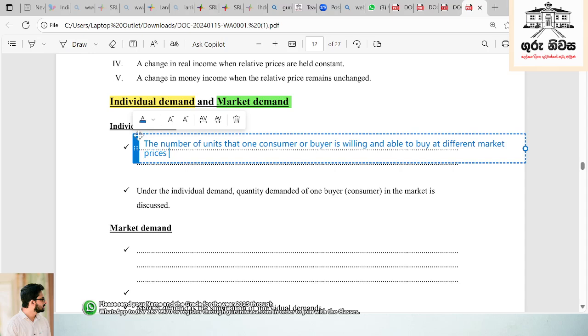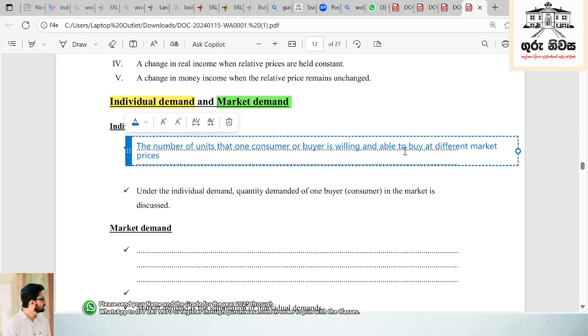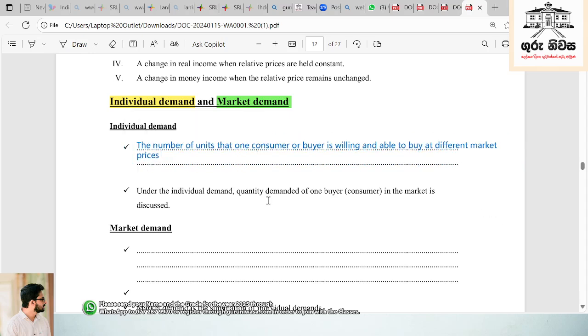The number of units that one consumer is willing and able to buy at different market prices is called individual demand.